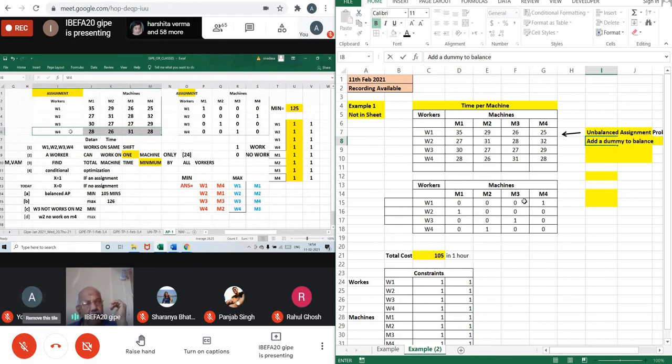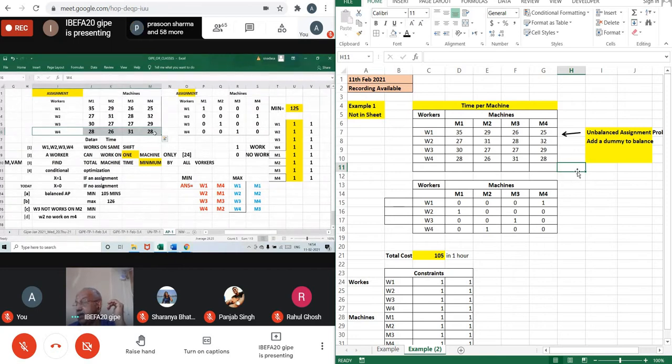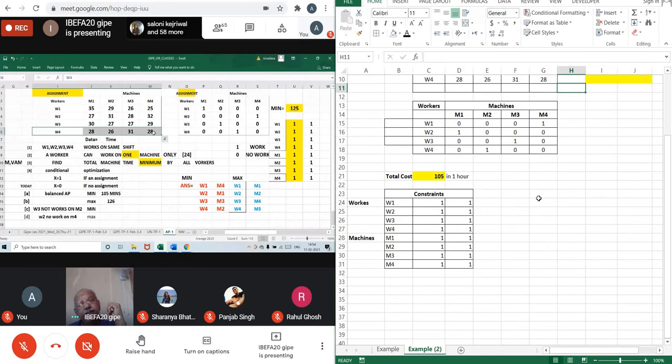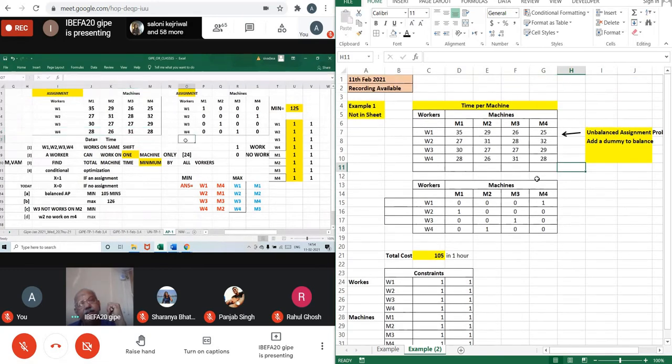Introduce a dummy worker with 0, 0, 0 as the data values. That is what we did in the transportation problem also.